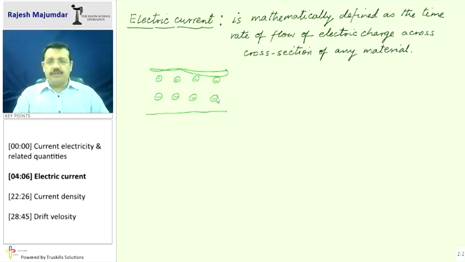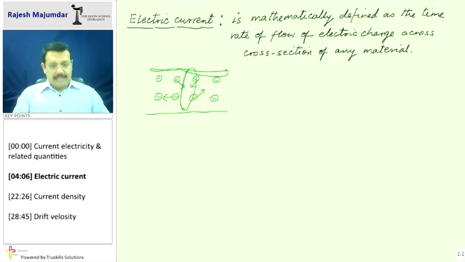These are electrons which are freely moving in the entire volume of the conductor. Now, if we look at a cross section, a particular cross section, some of the electrons are moving in all possible directions.